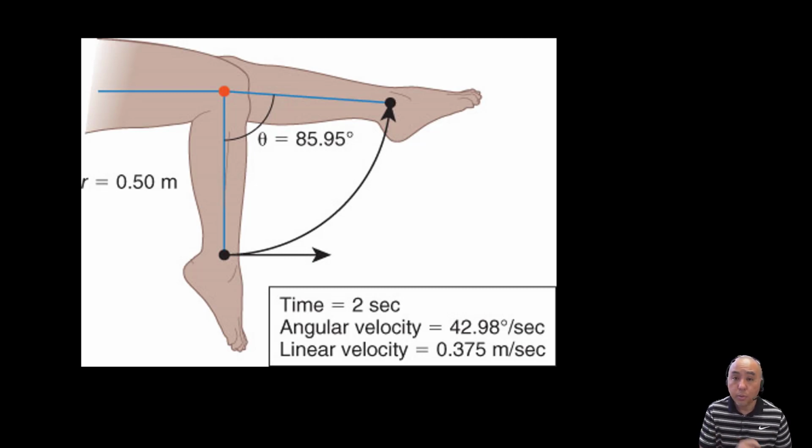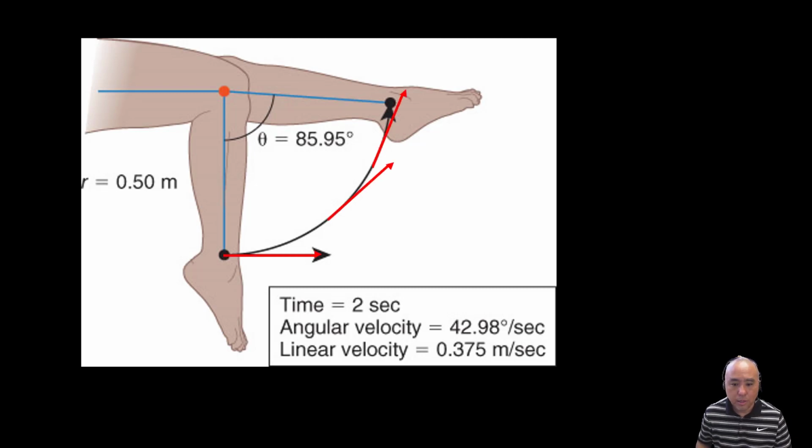And because we know the radius, that's the distance between the axis of rotation of the knee and, say, the lateral malleolus, its linear velocity can be estimated as 0.375 meters per second. And I'll show you exactly how we measure that using the radius and this angular velocity.